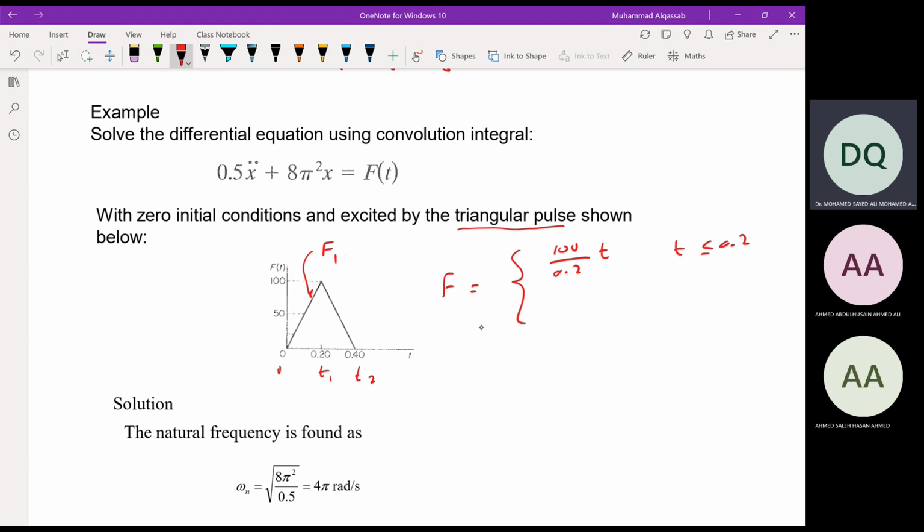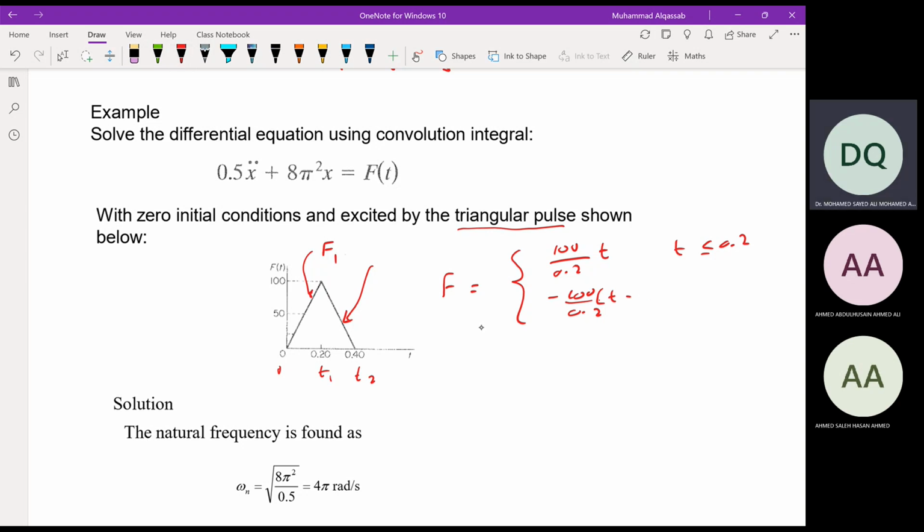And then the equation for this is the equation of a straight line again, with slope minus 100 divided by 0.2, times (t minus 0.2).